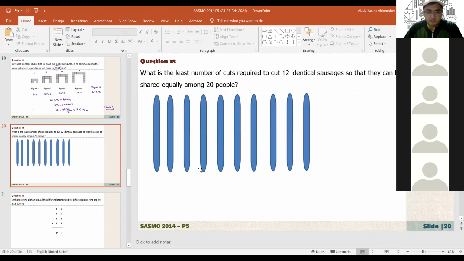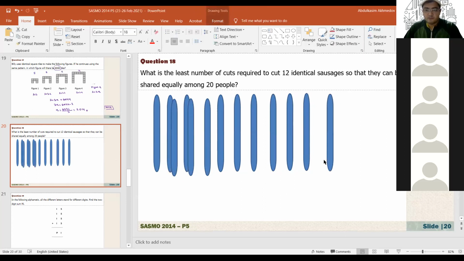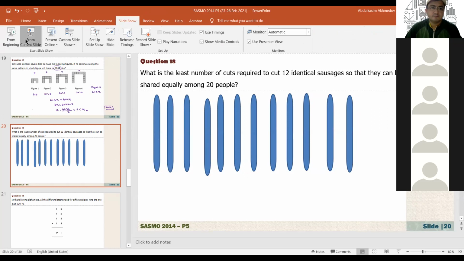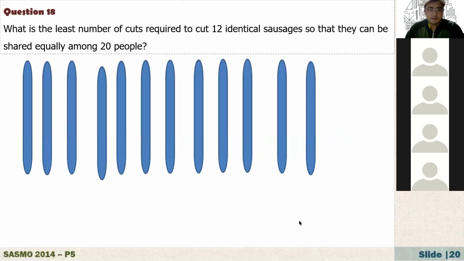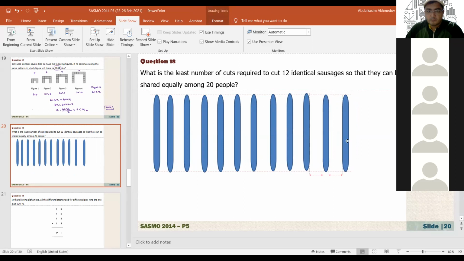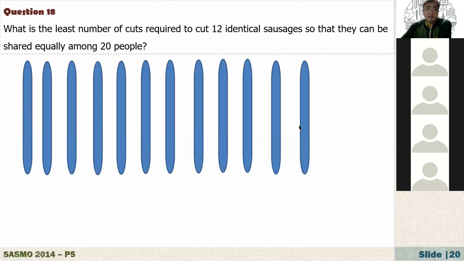How many sausages do we have here? 1, 2, 3, 4, 5, 6, 7, 8, 9, 10, 11, 12.